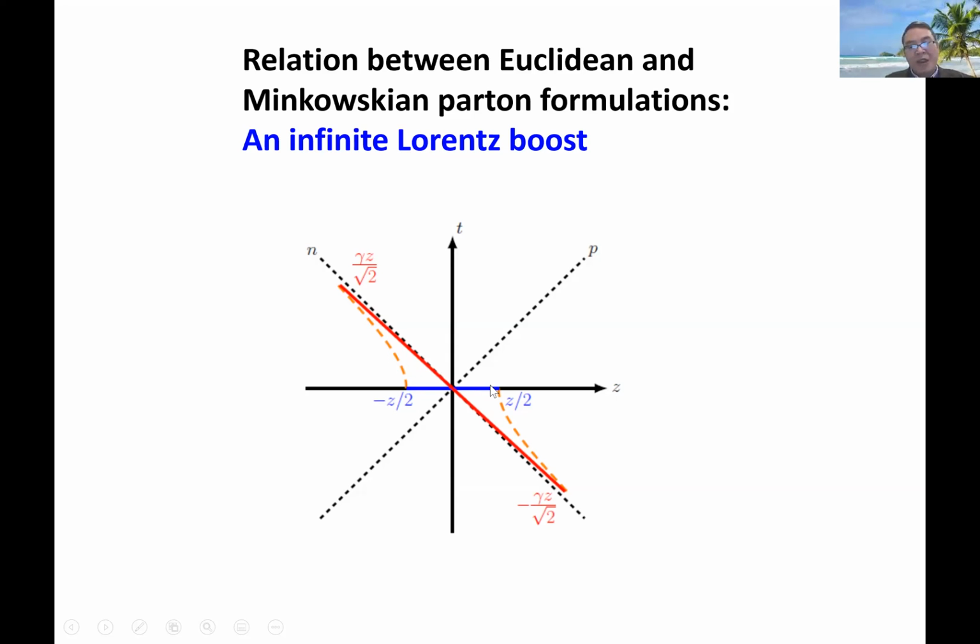And so basically, the two pictures are related by an infinite Lorentz transformation. However, the blue curve is time independent, and therefore it is possible to calculate or simulate using Monte Carlo, whereas the red correlation is along the light cone. That's much more difficult to calculate.